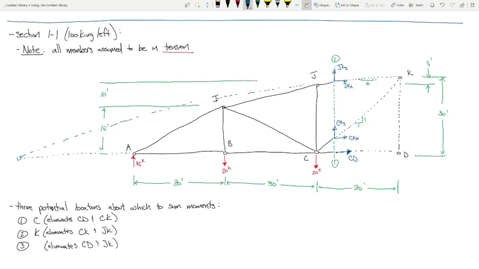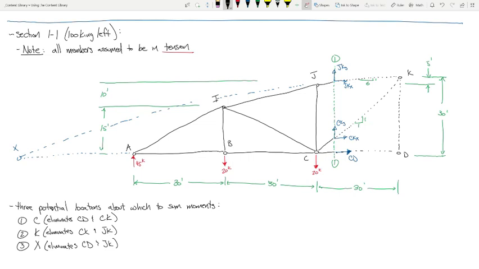I'll make up a name, we'll call that point X. I could sum moments about point X, and that would eliminate those two diagonals. Does everybody see that those are three potential options?